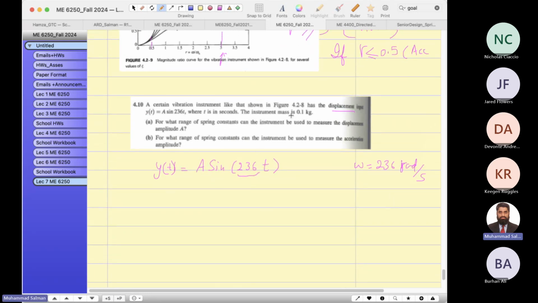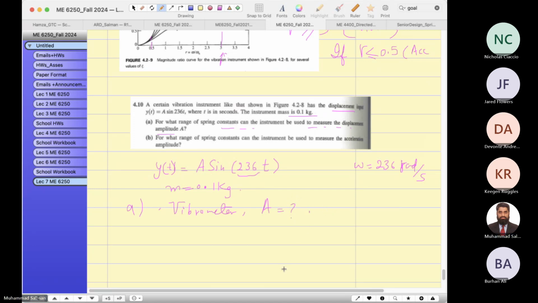Okay, the instrument mass is 0.1 kilogram. For what range can the spring constant be assumed to measure the displacement amplitude? So it acts like a vibrometer. When you see the instrument behave like a vibrometer, what is the displacement amplitude?